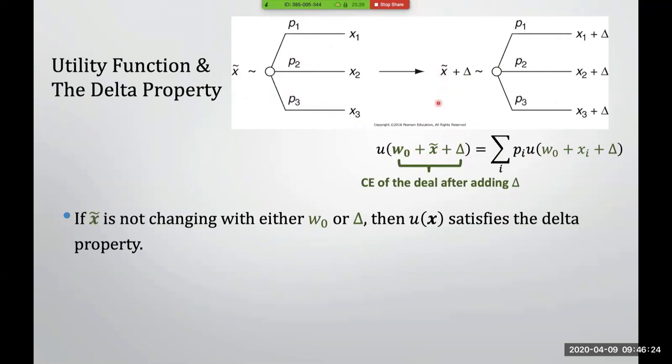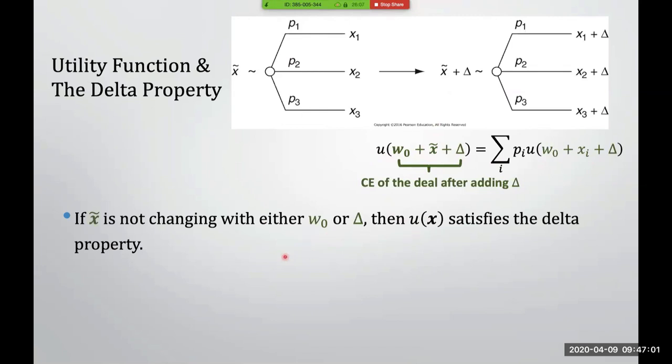So to conclude, starting with this equation, what we're interested in is this x tilde. If x tilde, after you solve it mathematically, does not depend on delta or W0 at all, then you have a Delta person, or you have a utility function that satisfies the delta property. Okay, so you can search for all the utility functions that have this delta property.